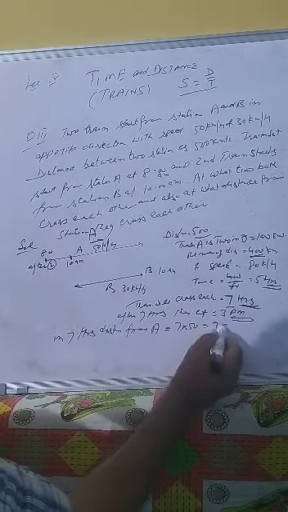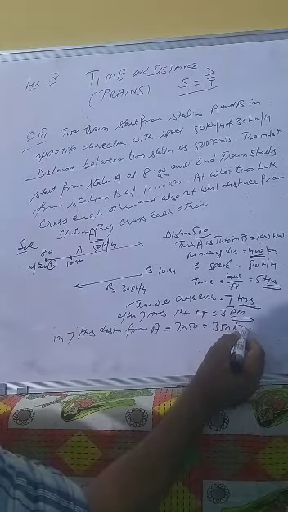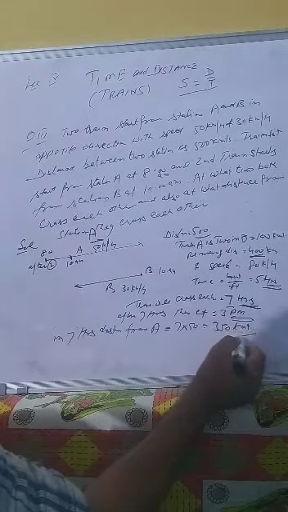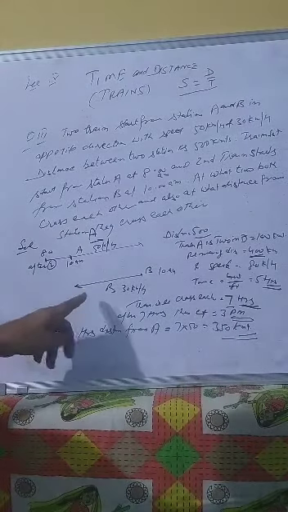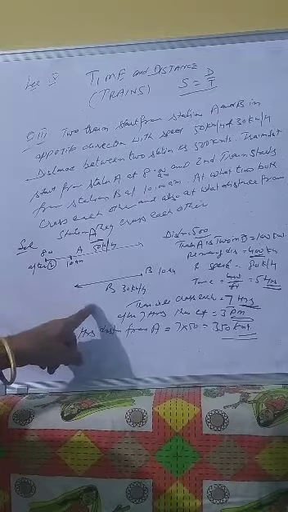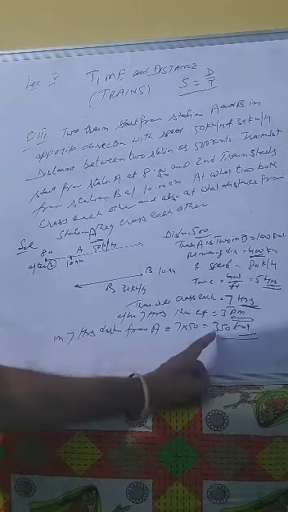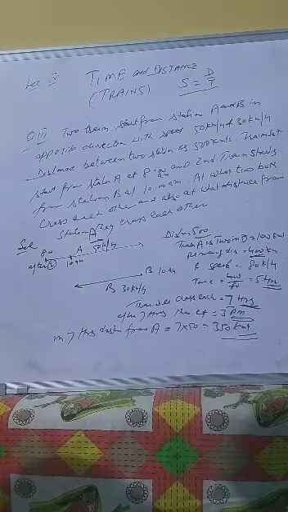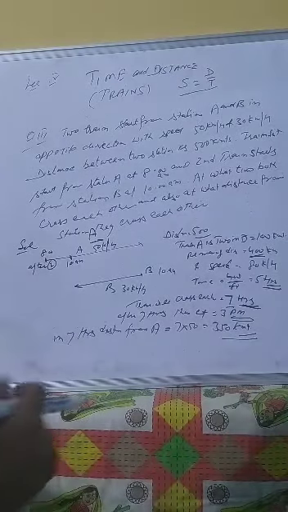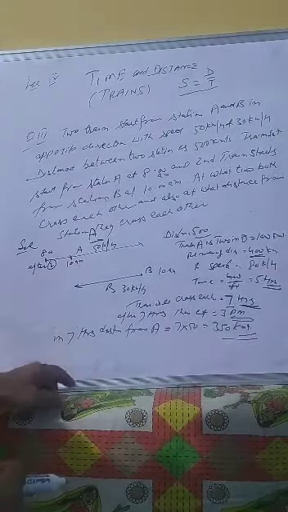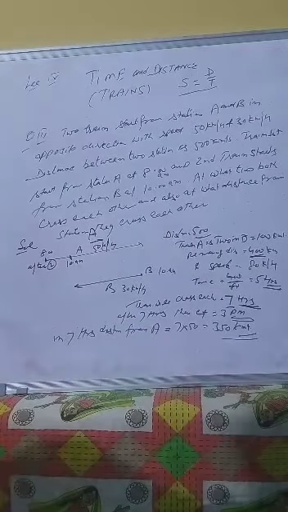This is 350 kilometers. The train from station A will meet the train from station B at a distance of 350 kilometers from A. And if we were to find the distance from B, it will be 500 minus this, it is 150.